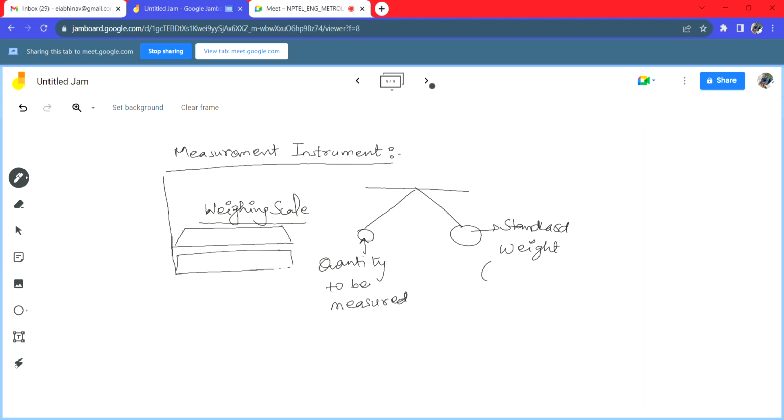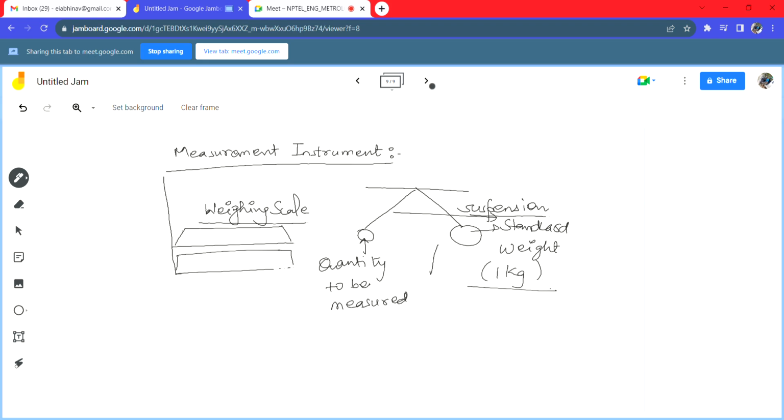Standard weight of say 1 kg, 2 kgs, 5 kgs, whatever it is. And there was suspension in this string. And with this spring suspension or string suspension, we used to balance the weights. And at the point of inflection where both the weights were balanced, we used to say that this quantity is 1 kg.